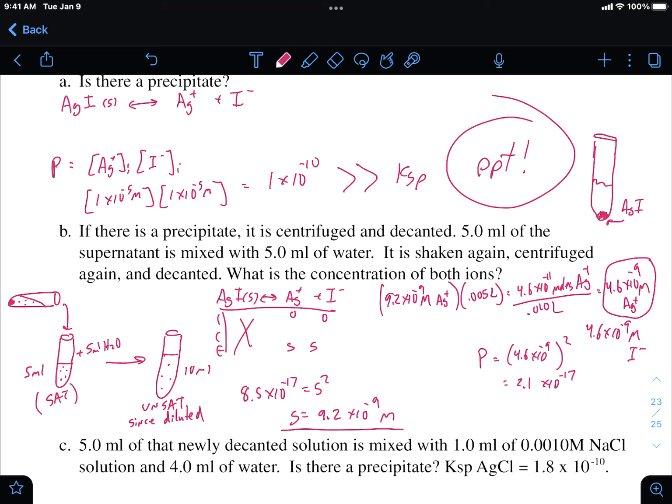So the value P is 2.1 times 10 to the negative 17. Your K is 8.5 times 10 to the negative 17. So actually, in this case, P is lower than K. So we are not going to get a solid, so we actually can't decant it because nothing precipitated. So in the end, these are the concentrations because it never precipitated again.